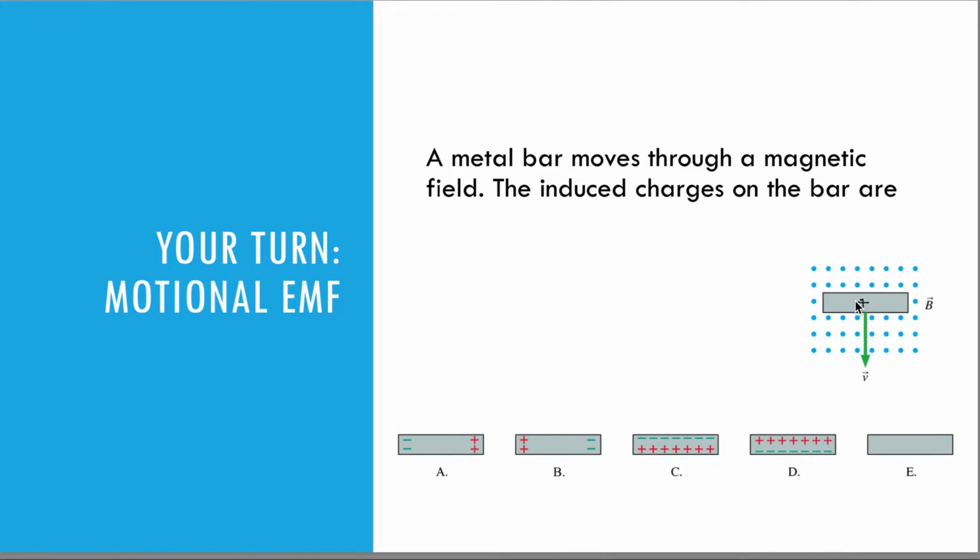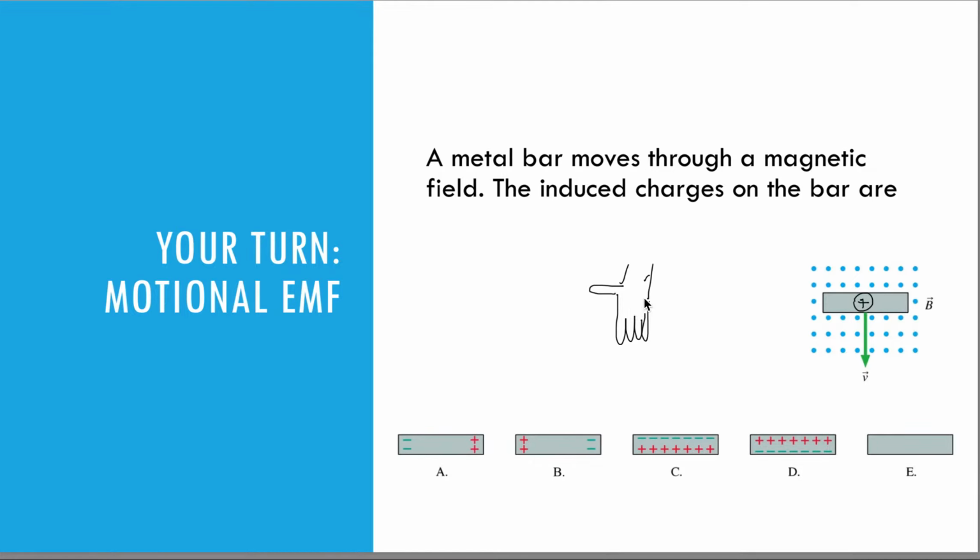It's moving down, so you point your fingers down, and then you fold your fingers so that they point in the direction of the magnetic field.